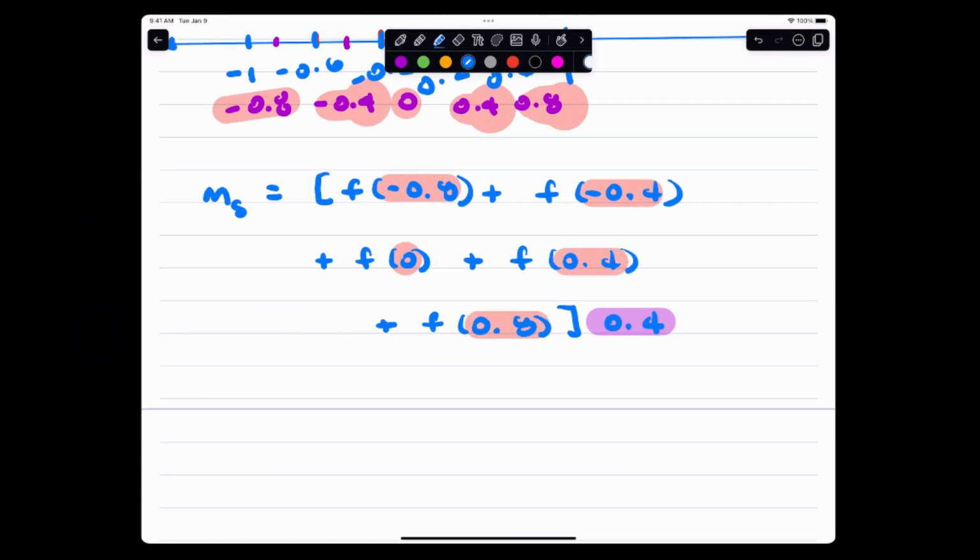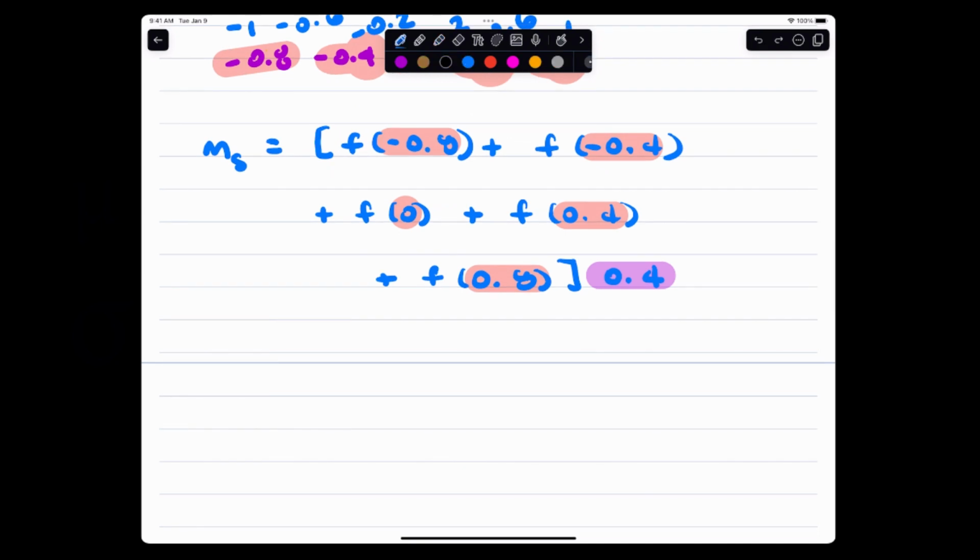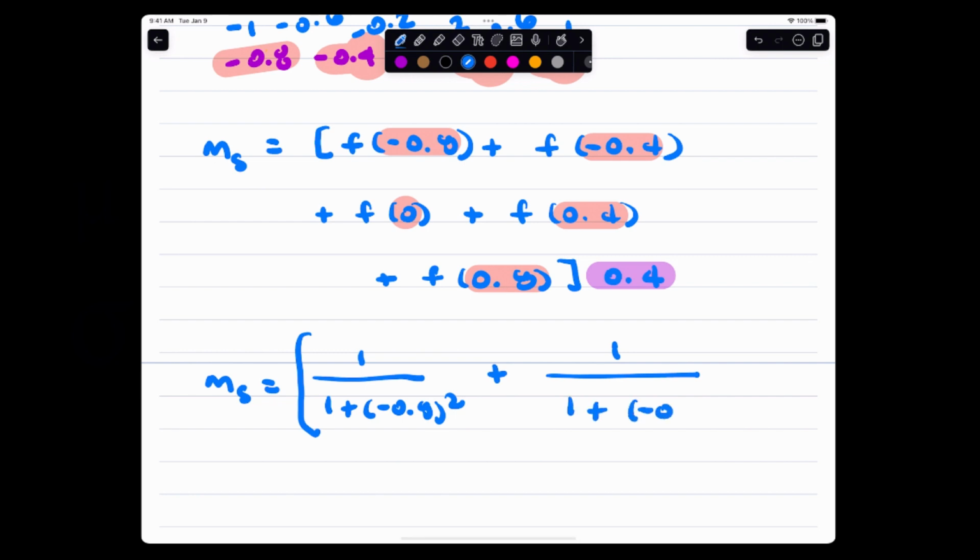So as you go through 5 partitions here, I'm going to write it all again because I'm going to change the values.